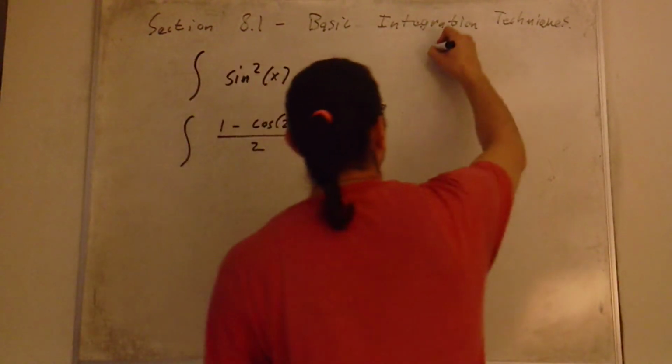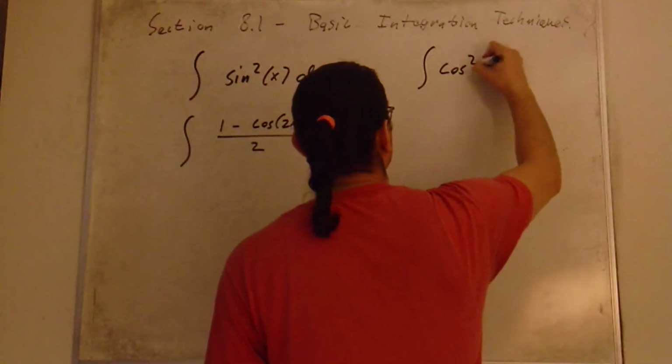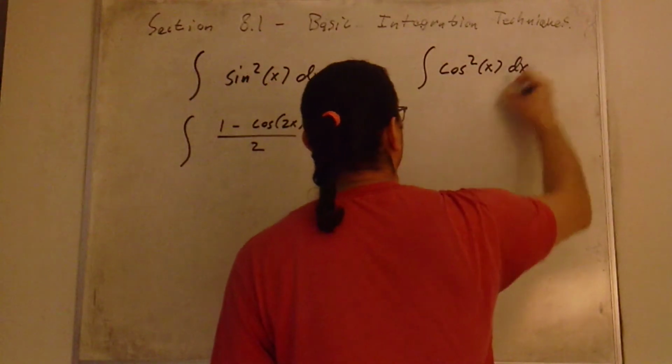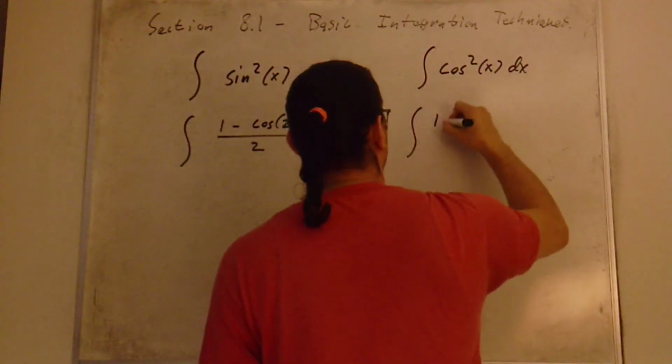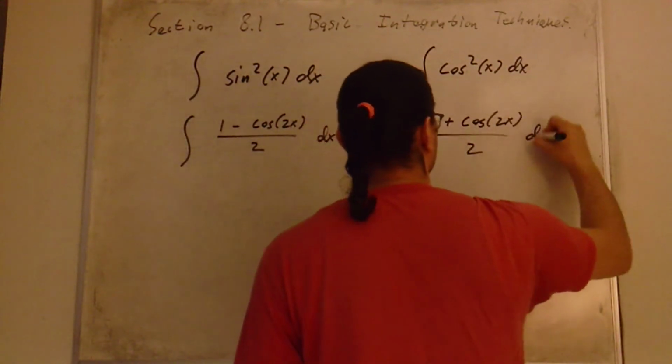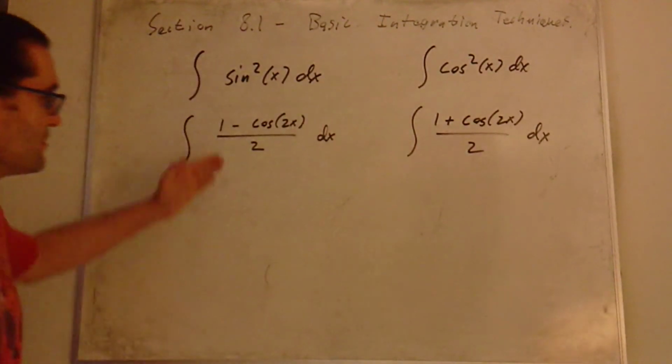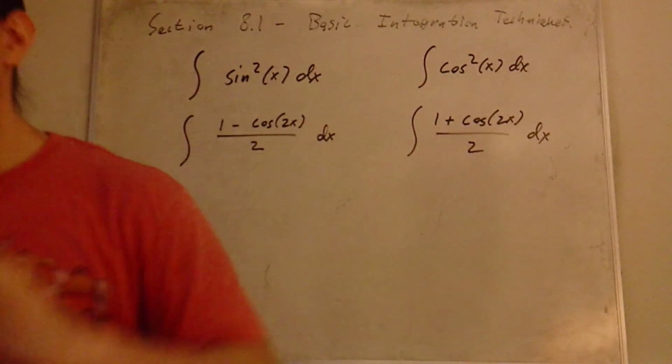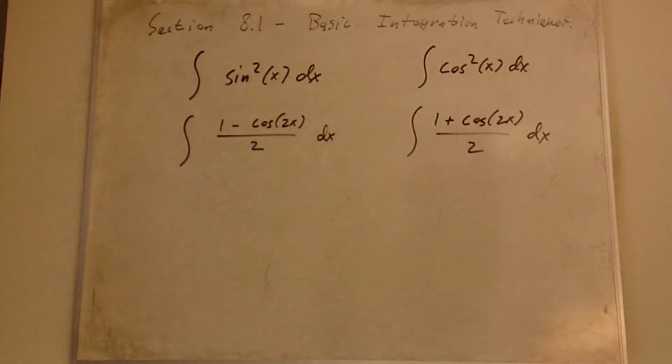And I think the half angle formula for cosine squared is 1 plus cosine 2x over 2. I'm pretty sure this is it. I'm going to go look this up real fast so that I can be perfectly confident that I'm not lying to you.